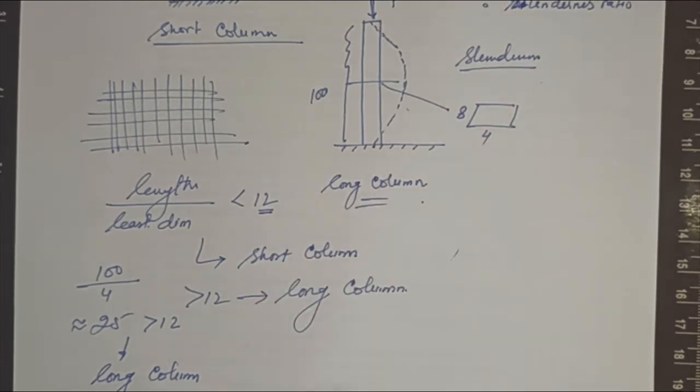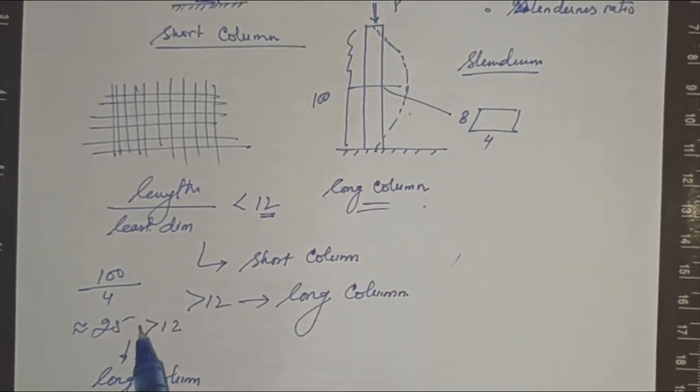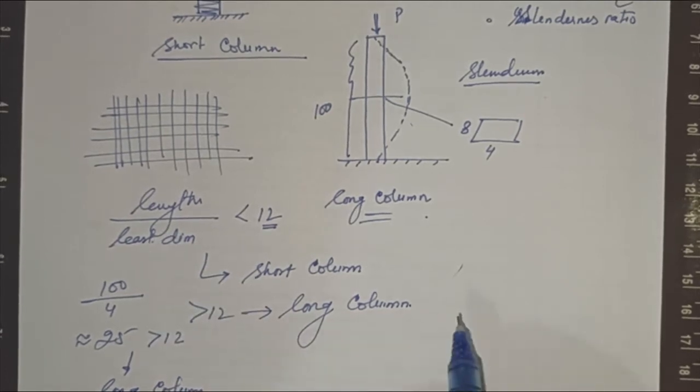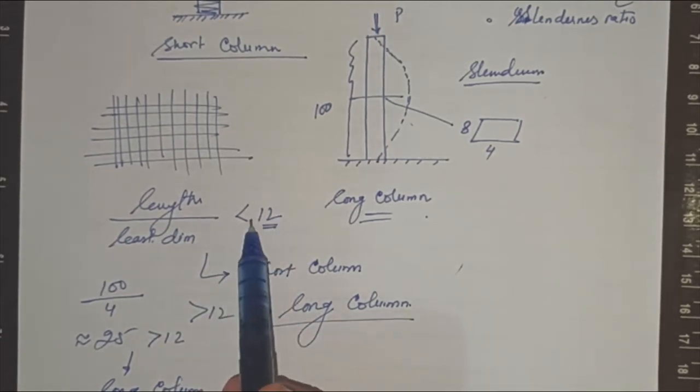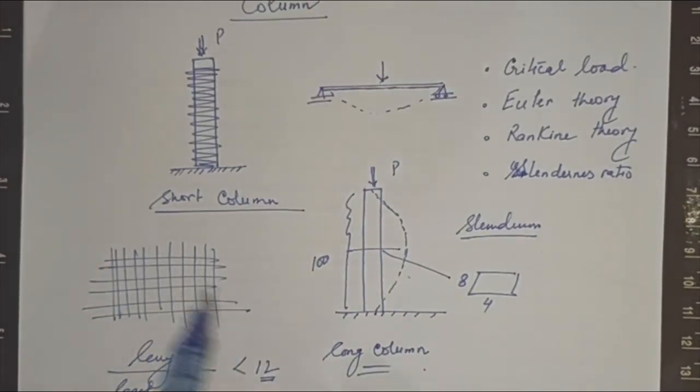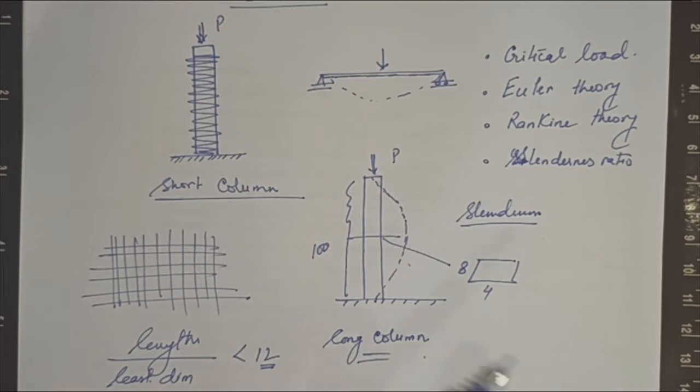If the ratio of these two dimensions is greater than 12, we call it a long column. If it's smaller than 12, we call it a short column. So now we know how to distinguish between a short column and a long column.